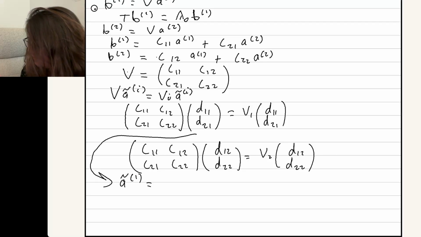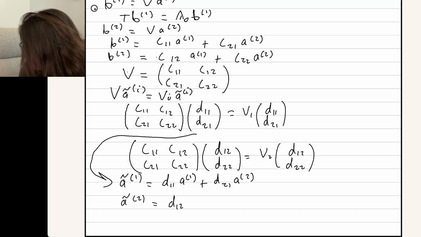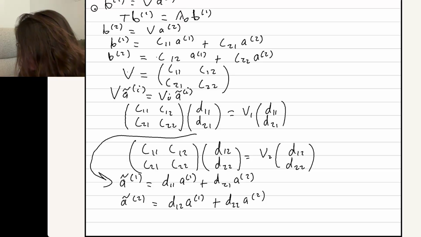So A tilde 1 is going to be D11 A1 plus D21 A2, and A tilde 2 will then be D12 A1 plus D22 A2. Right.